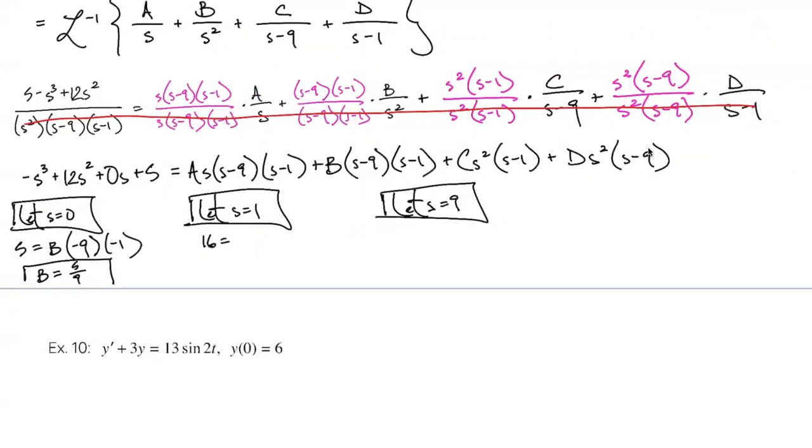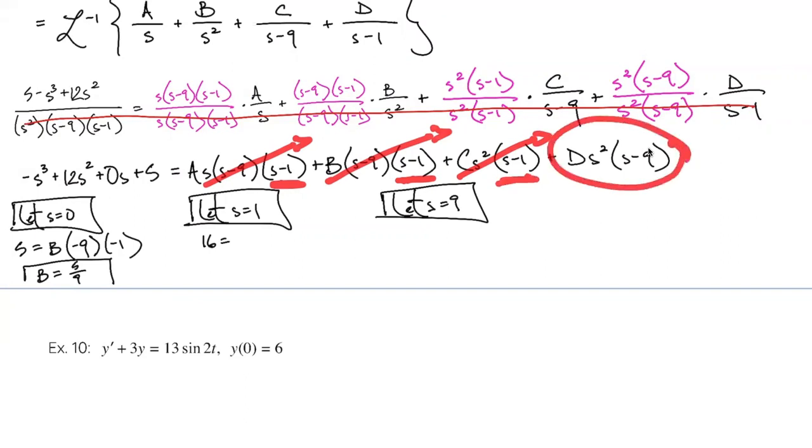Well, this is going to go to 0 because it has an s minus 1. This one is going to go to 0 because it has an s minus 1. So the first 2 terms are already 0. The third term is also going to go to 0 because it has the s minus 1 factor.